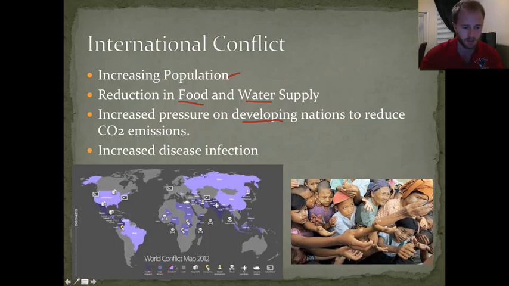High probability. This is stable. This color here, and this is other. You can look to see that there's insurgency, different types of air or ground military actions, but majority of it, conflicts, come from food and water supplies. So with this increased temperature, you're reducing water, and you're also reducing food supplies.